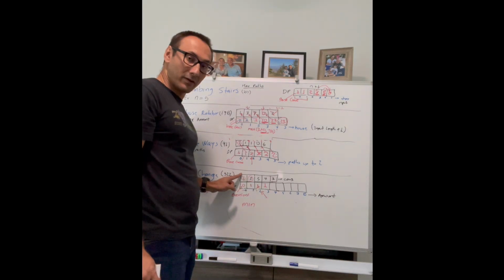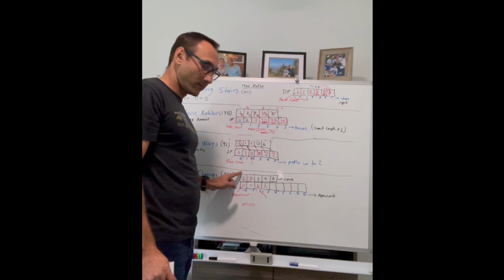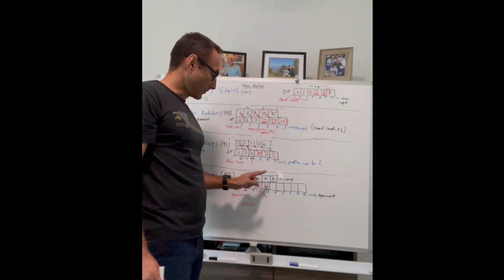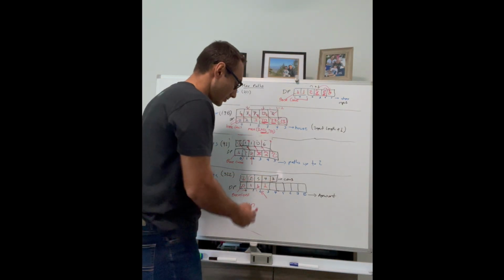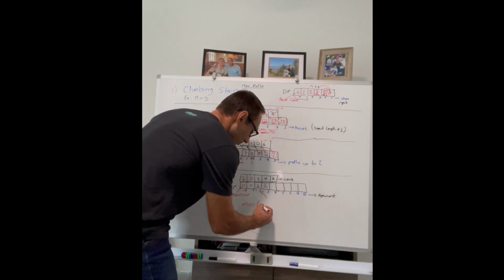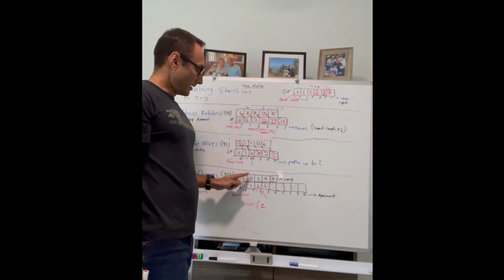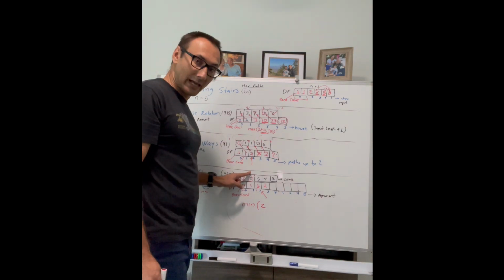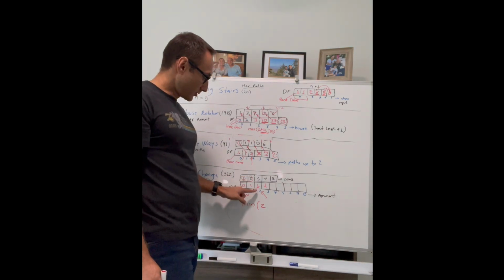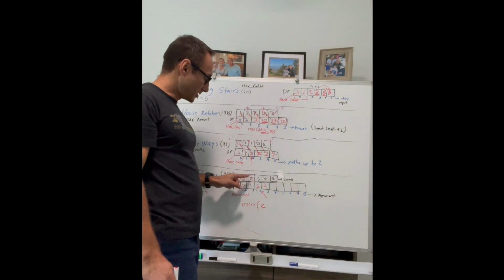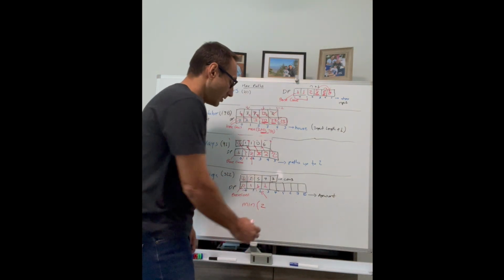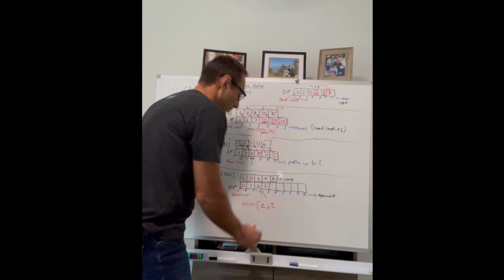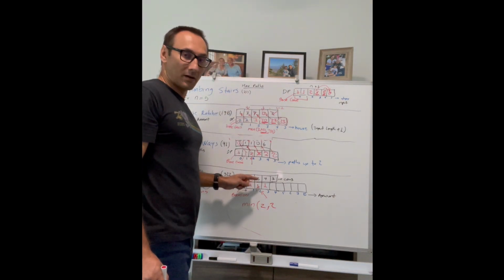So if I pick a coin of 1, I will need a coin of 3 to get 4. So I need 2 coins. So that's 2. If I pick the coin 2, I have 2 left. And the solution for 2 is 1, which is another coin of 2. That's, again, 2. If I pick 5, I'm out of bounds.